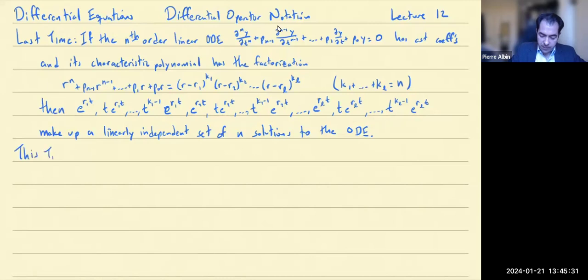This time, we're going to do two things. We're going to introduce notation. It's going to be very useful going forward.